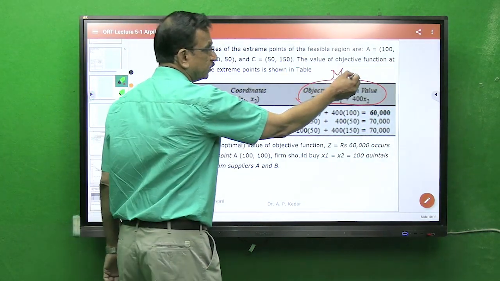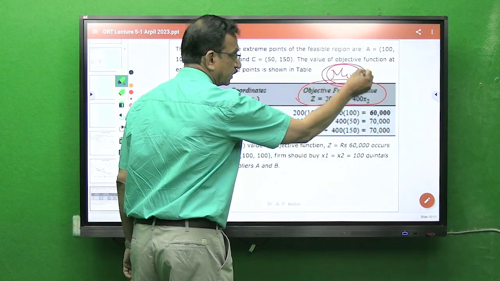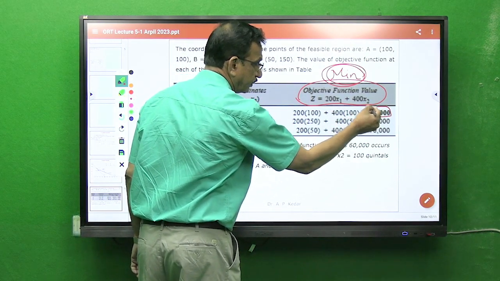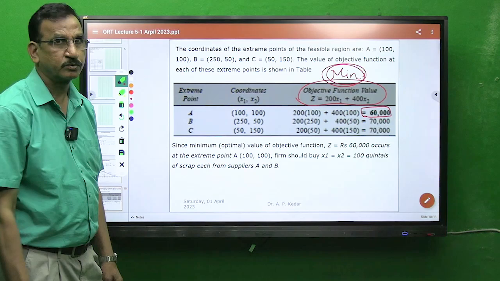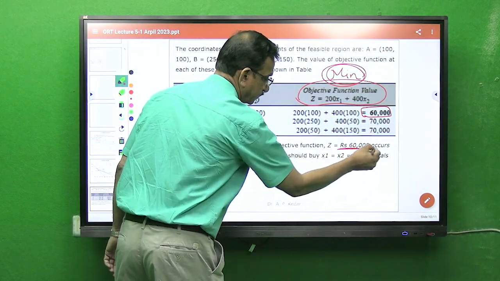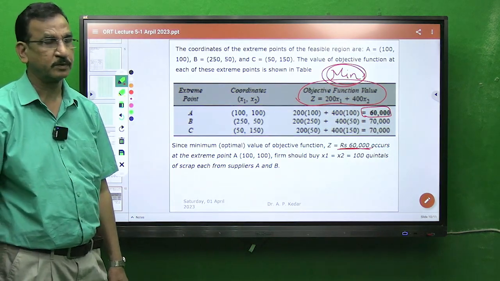If your objective function is minimum, as the case here is, among these find the minimum value. So the minimum Z is defined, which is rupees 60,000.